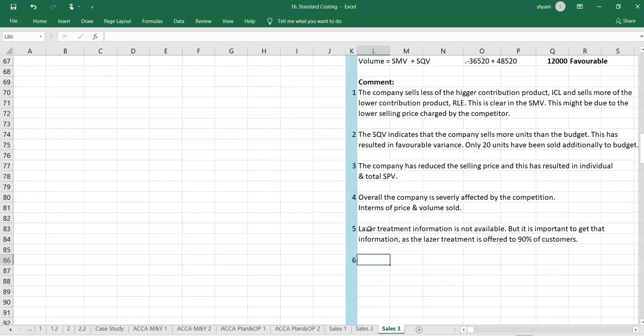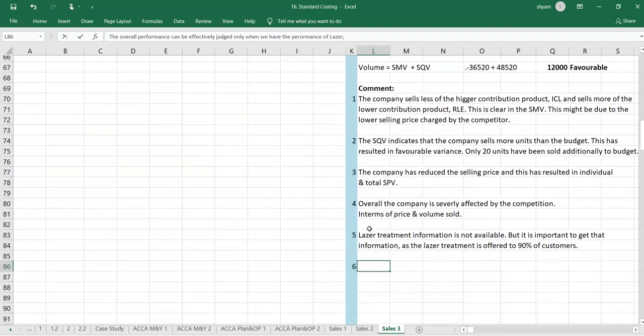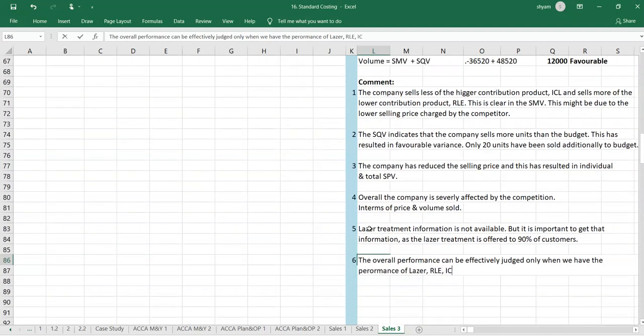And the overall performance can be effectively judged only when we have the performance of laser, RLE, ICL.